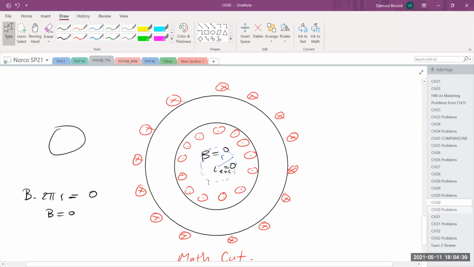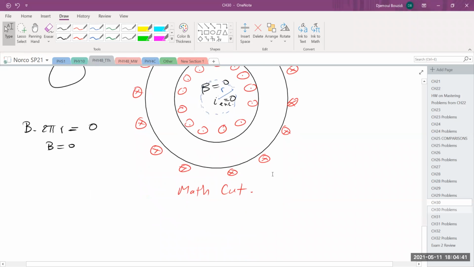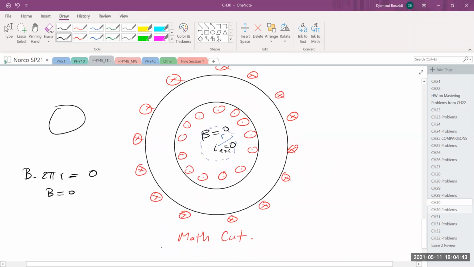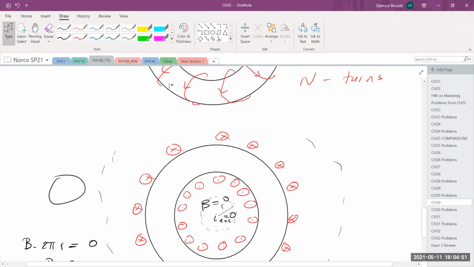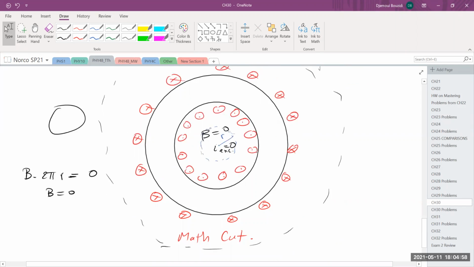I'm going to take a circle completely outside, of radius r, which is bigger than the bigger of the two radii. Now there is definitely current enclosed, but it's the same number that come out as go in. So when I do this algebraic sum, it's going to be what?